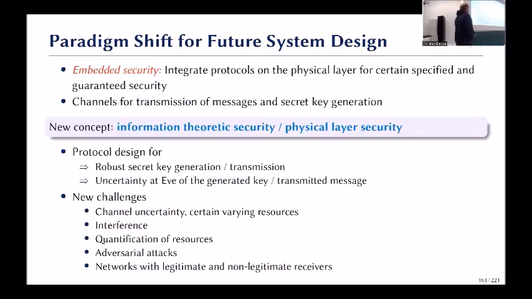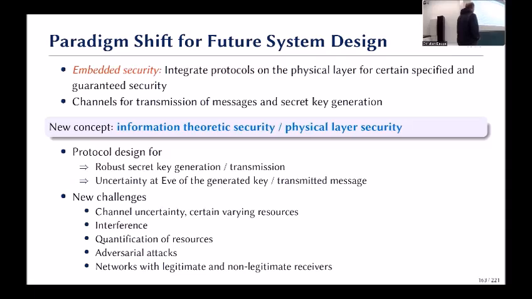We look at embedded security. So we want to have integrated protocols on the physical layer for certain specified and guaranteed securities, so channels for transmission of messages and secret key generation. Our new concept is information theoretic security, also called physical layer security.